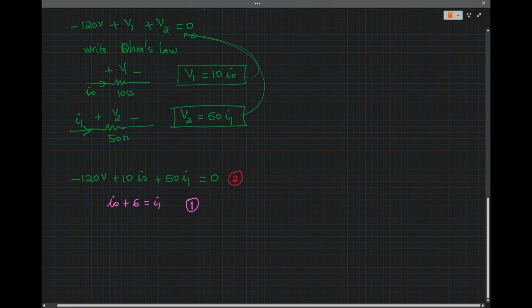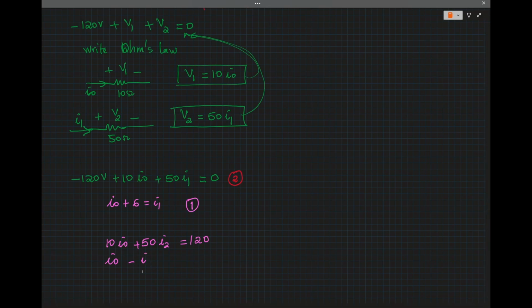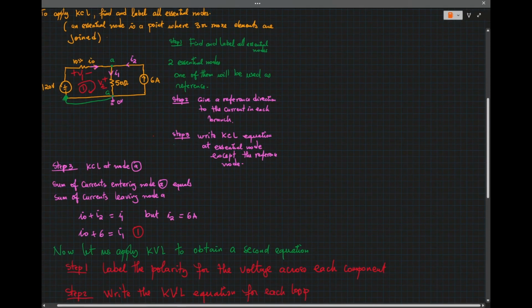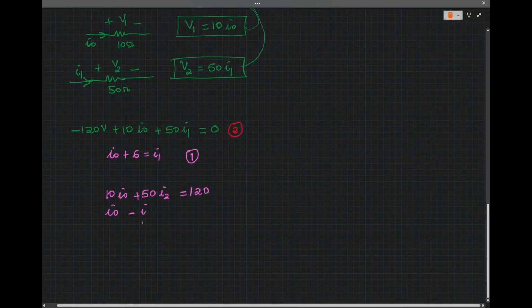So let me put those two equations together. We have 10 I0 plus 50 I1 equal to 120, and I0 minus I1, oh, this is 50 I1, sorry. So I0 minus I1 equal to negative 6.